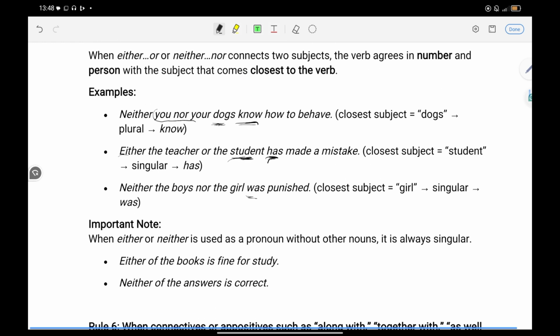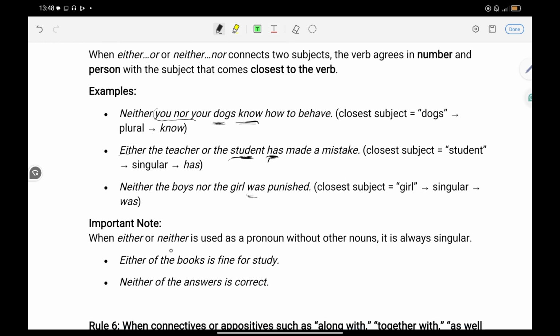Okay? So note, when either or neither is used as a pronoun without other nouns, it is always singular. For instance, either of the books is fine. Not either/or or neither/nor. When either is used as a pronoun on its own without the or, then it is always considered to be singular.